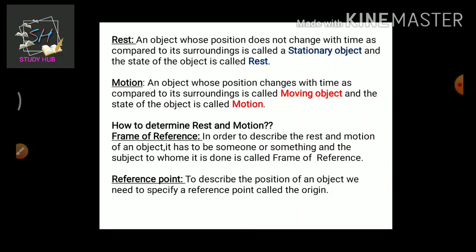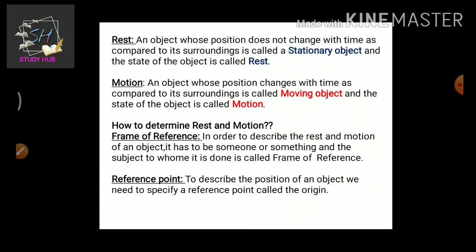The other passenger in the bus thinks that this man in the bus is at rest, but at the same time he is moving with the bus with respect to a person standing outside. That means the person who is standing outside thinks that this man is moving with the bus. So that is why rest and motion are relative to each other.